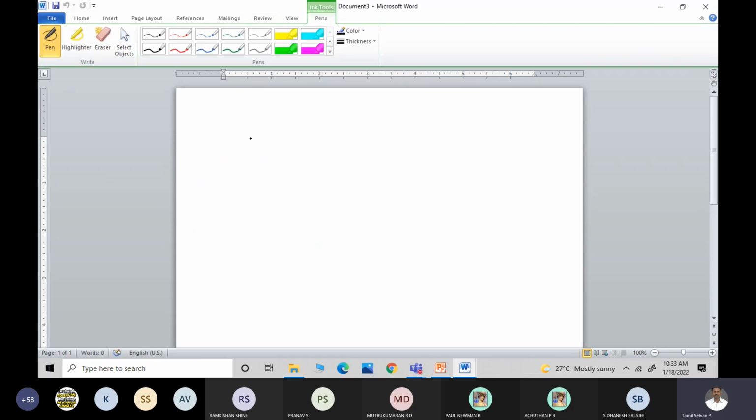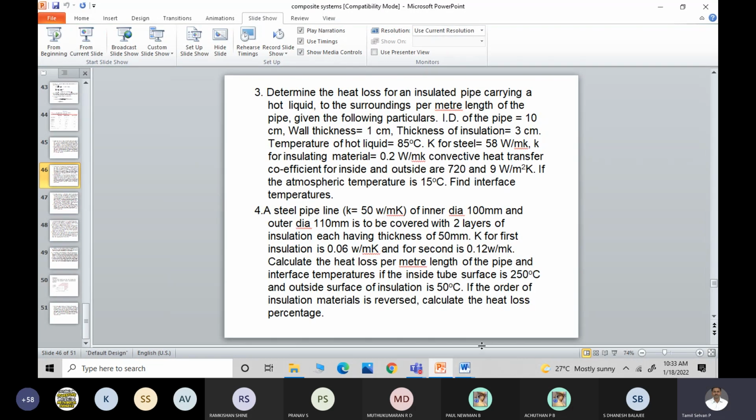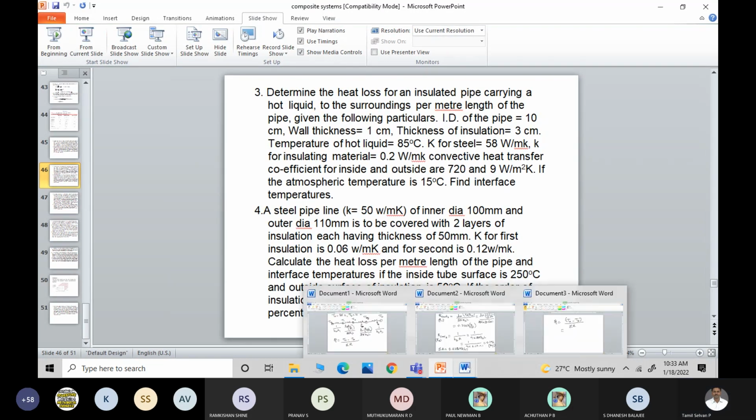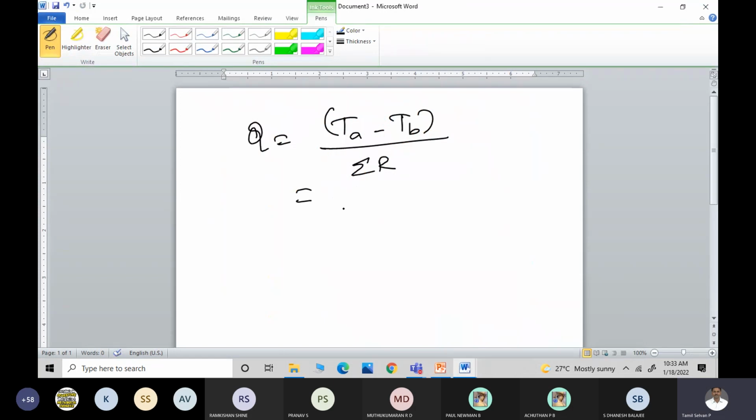So now Q equals (TA minus TB) divided by sigma R. TA, what is the temperature outside? 85, and minus 15. So 85 minus 15 divided by the summation of all the resistances.